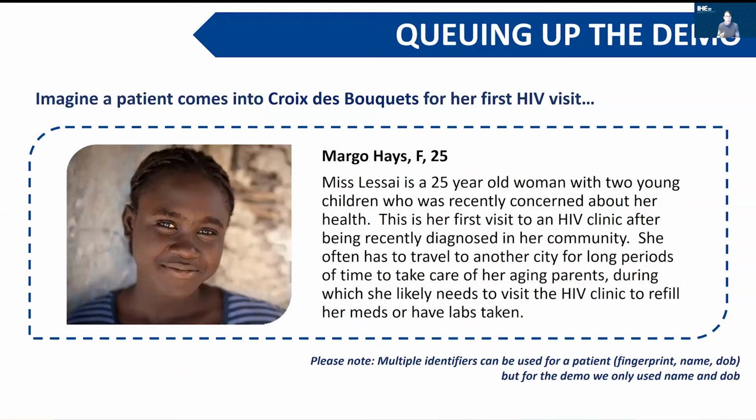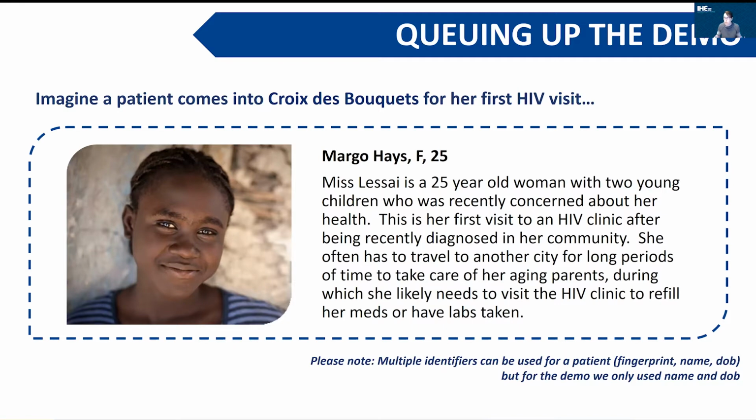So to queue up the demo, we're going to talk about two different patients today. Imagine this patient comes into Quadabaquet, which is an HIV facility there in Haiti. She's 25 years old. She's got a couple of children, and she's really concerned about her health. She was recently diagnosed in her community.